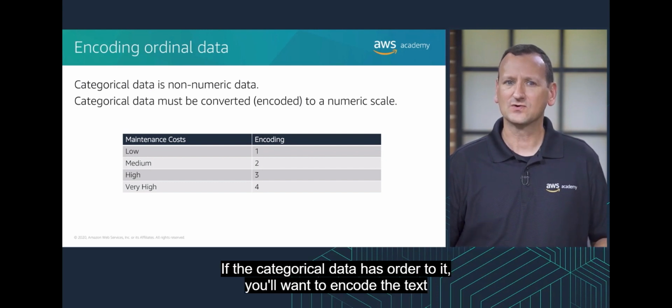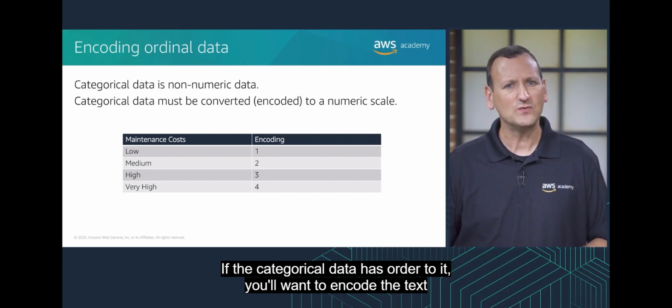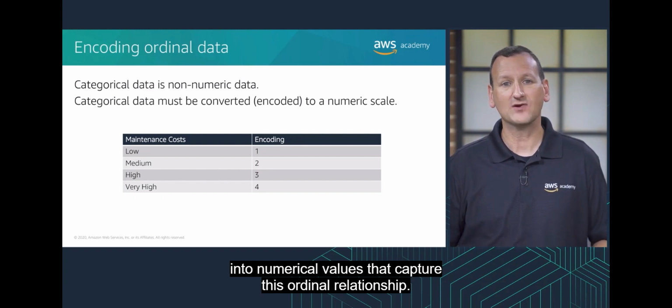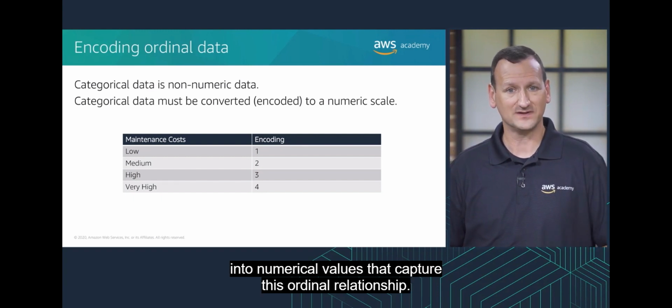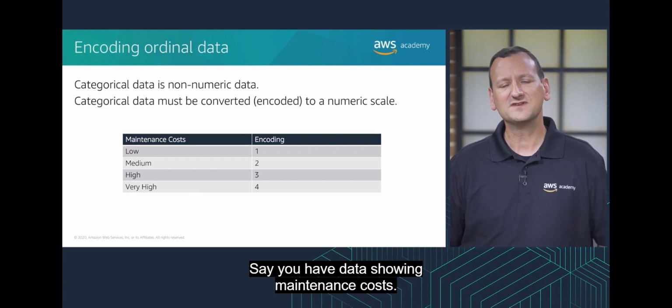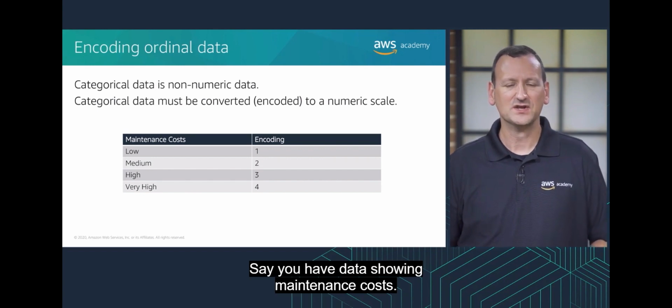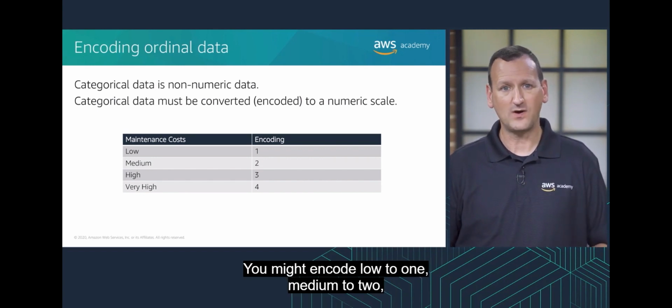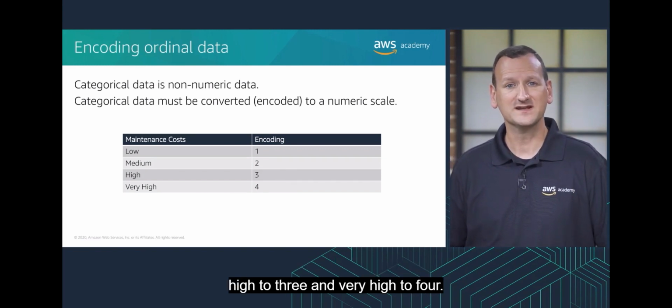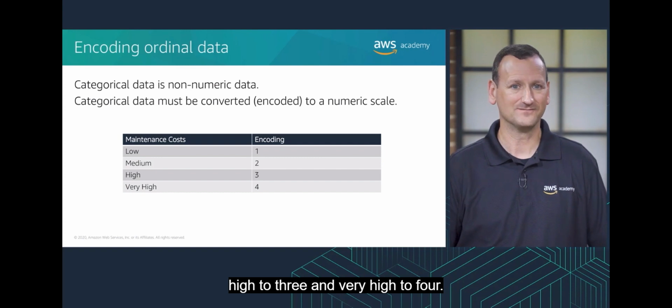If the categorical data has order to it, you'll want to encode the text into numerical values that capture this ordinal relationship. Say you have data showing maintenance costs. You might encode low to 1, medium to 2, high to 3, and very high to 4.